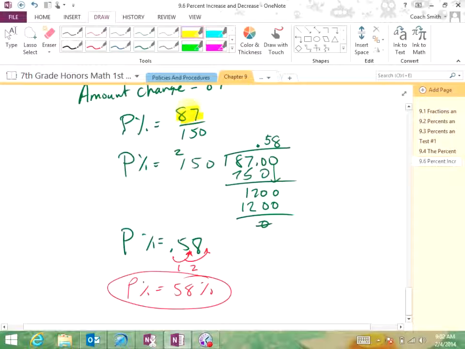Okay, there's the amount of change. There's the original amount. I didn't even reduce it. I just simply divided into there.